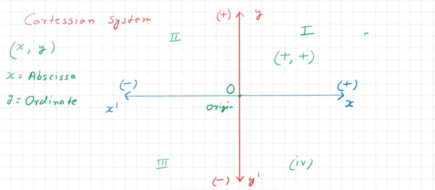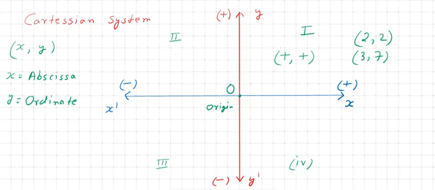For example, 2 comma 2 will lie in the first quadrant. 3 comma 7 also lies in the first quadrant because both abscissa and ordinate are positive. Now beta, we are coming to the second quadrant.